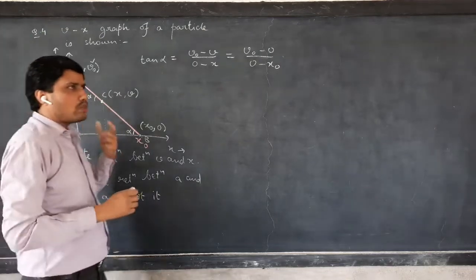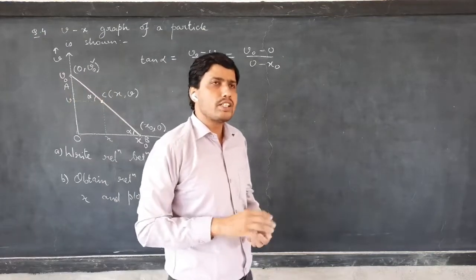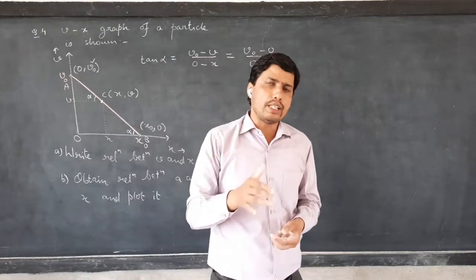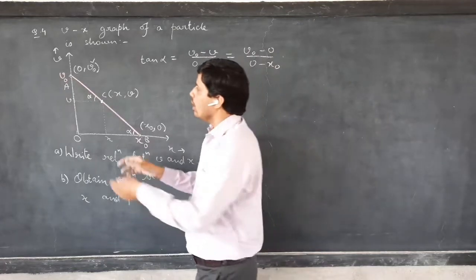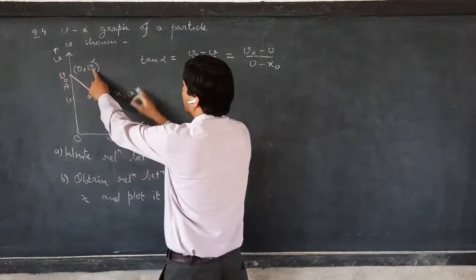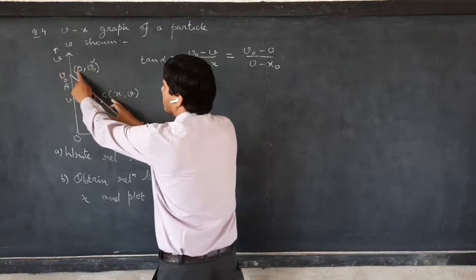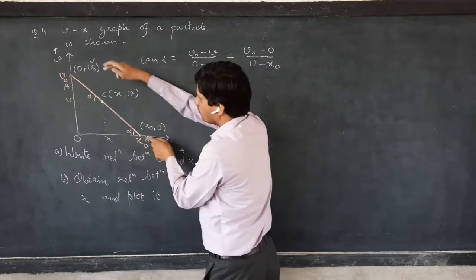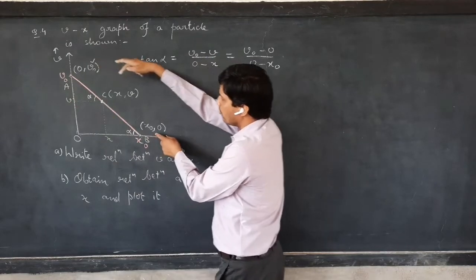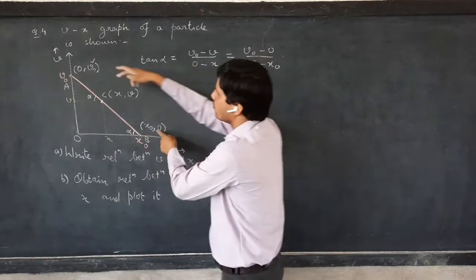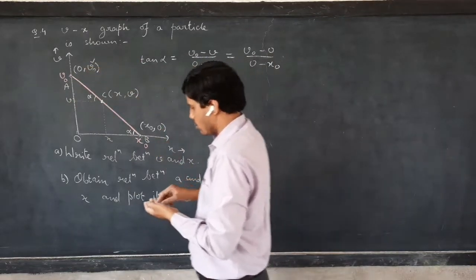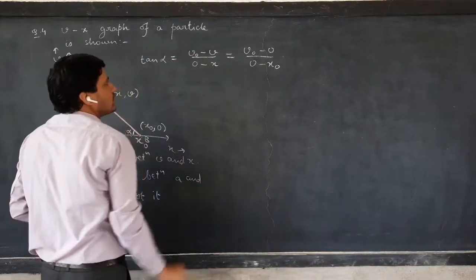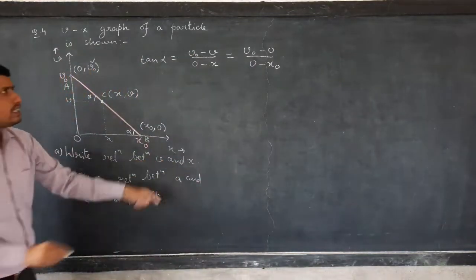Remember that for a straight line, the slope is the difference of y coordinates by the difference of x coordinates. So here the difference of y coordinates is v naught minus v, and the difference of x coordinates is 0 minus x. Again, if you choose these two points, the difference of y coordinates will be v naught minus 0 and the difference of x coordinates will be 0 minus x naught. This will give you the required relation between v and x.